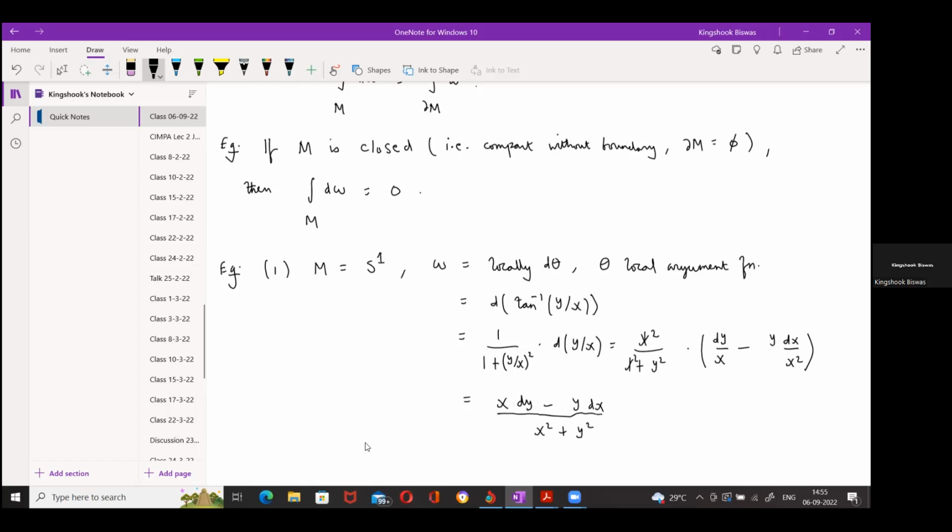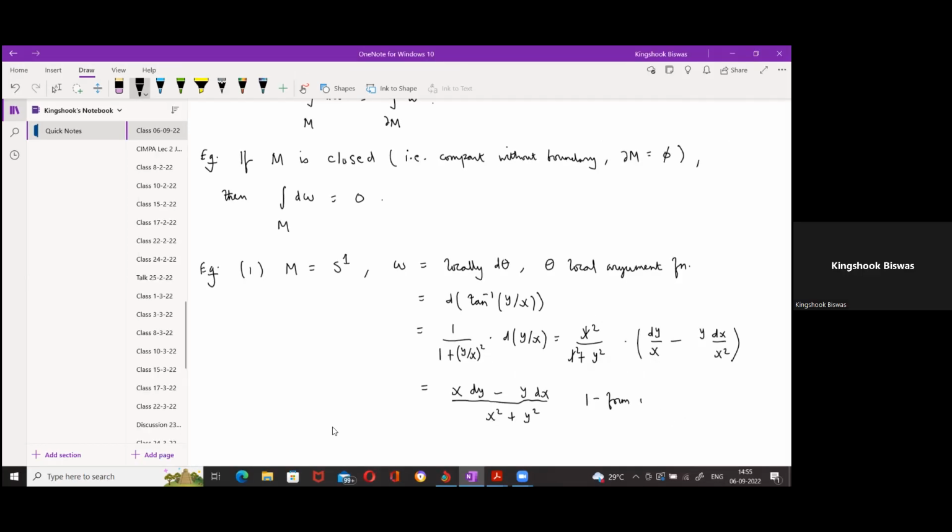Okay. So this is the one form. This is a one form on S1.